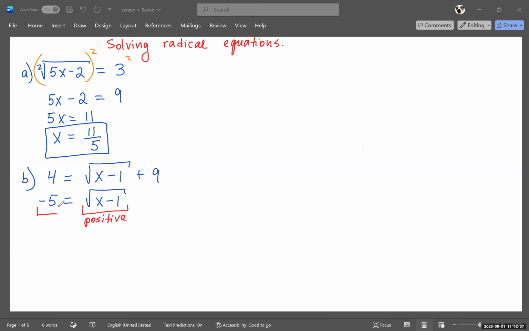But what we have on the left-hand side is a negative number. So again, the square root on the right-hand side is designed to be positive. What I have on the other side of the equal sign is a negative number. That is not possible here. So this means that this equation will have no solutions.